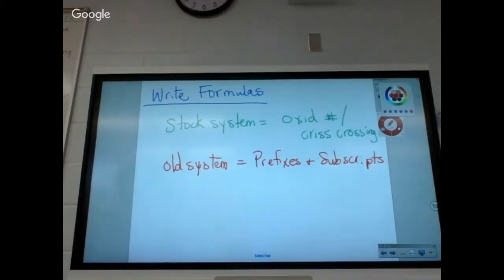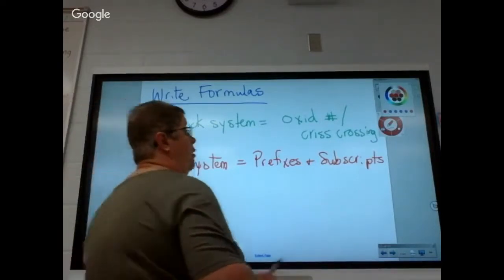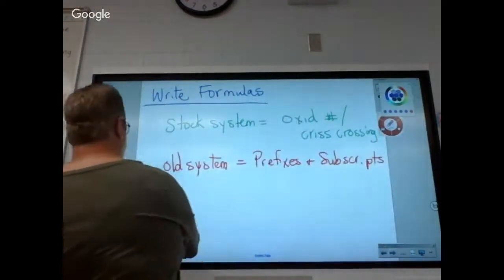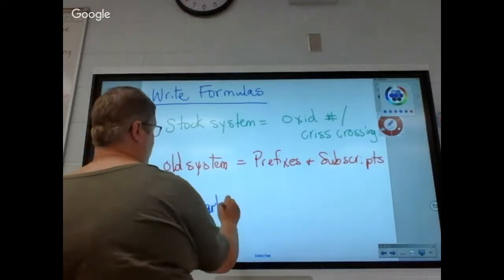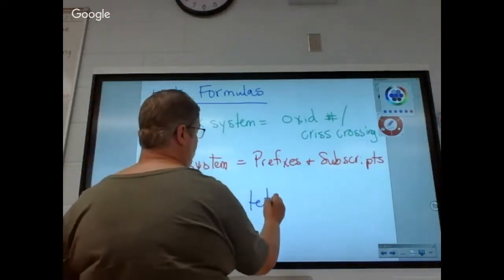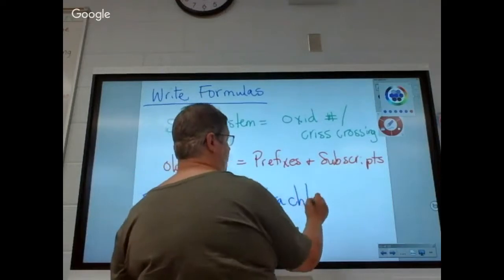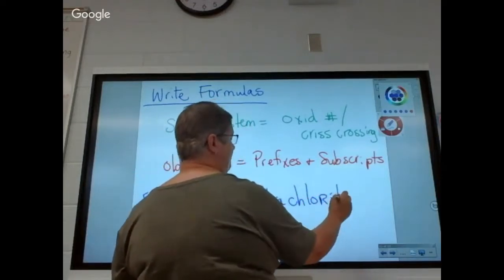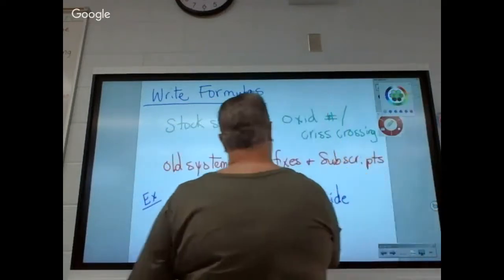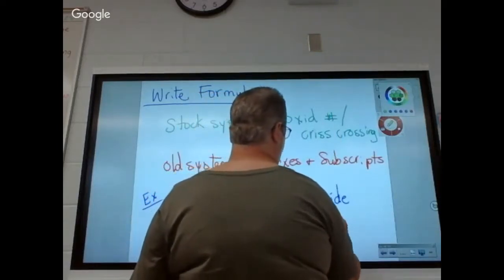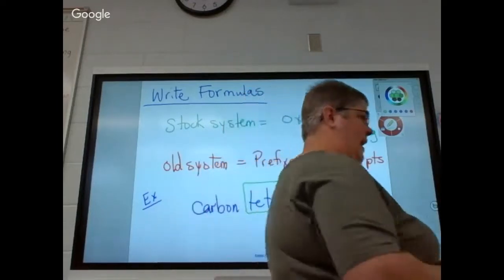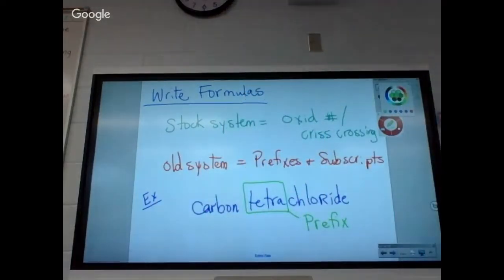So, if we're writing old system right now, which is what we're working on, if you see something like carbon tetrachloride, this right here is a prefix, right? Now, that tells you we're not in stock system.